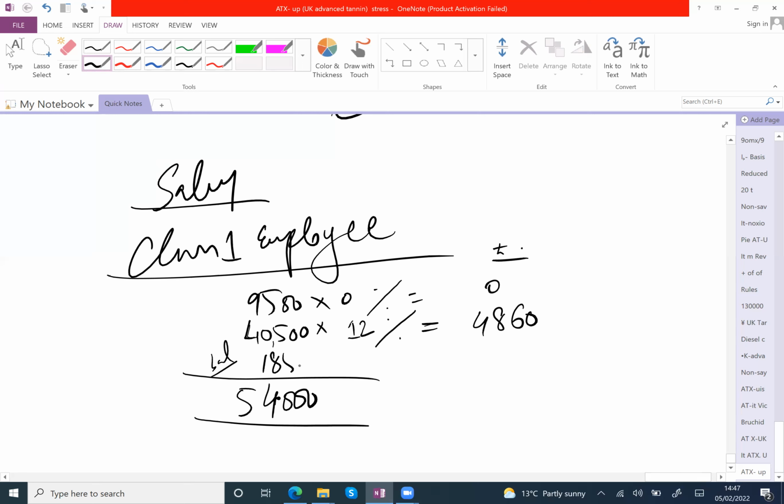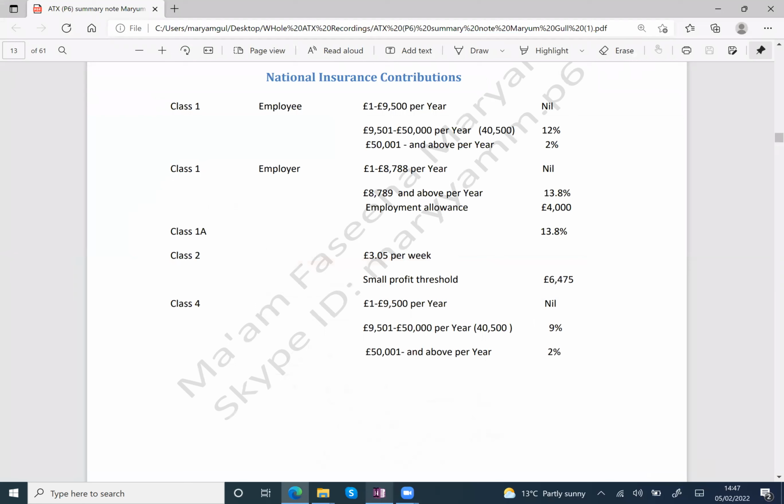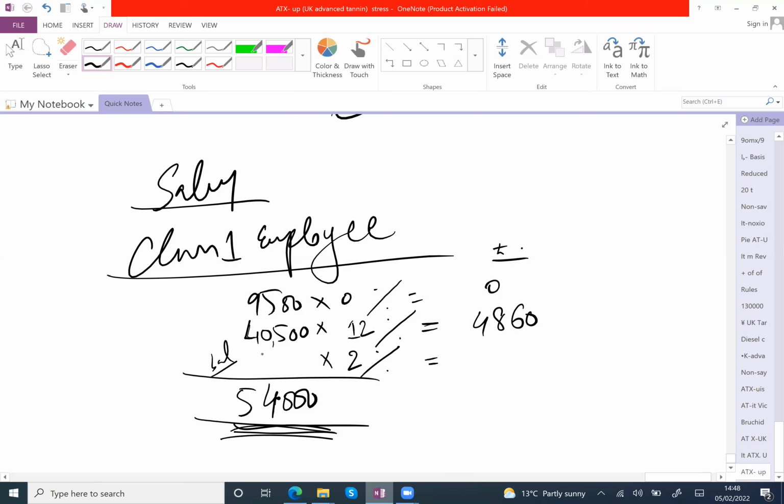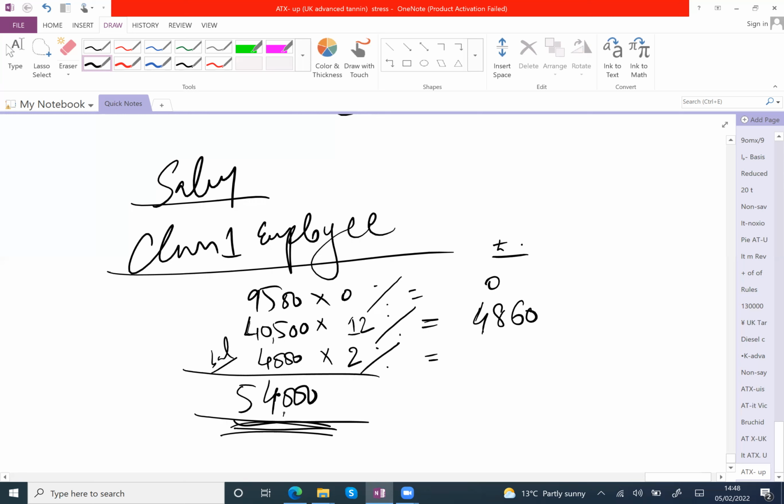Total salary is 54,000 and the second band is up to 50,000, so the remaining more than 50,000 is 4,000 at the rate of 2% is equal to 80. And total 4,940.